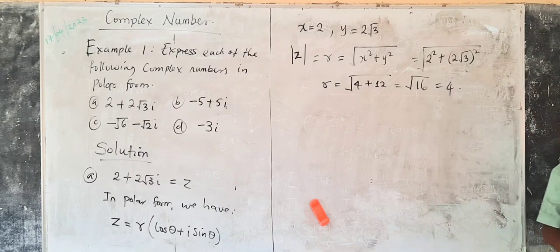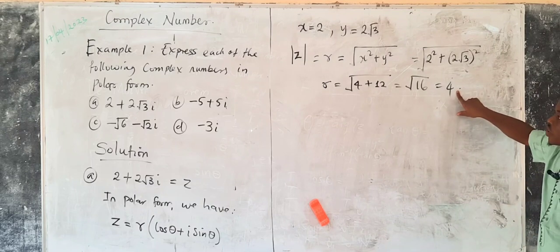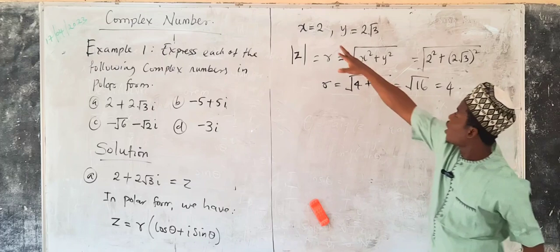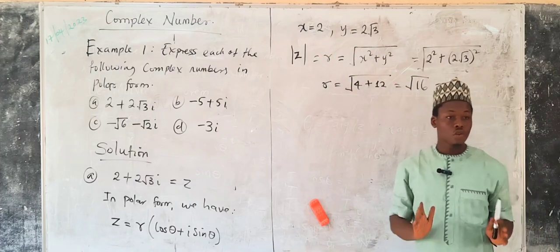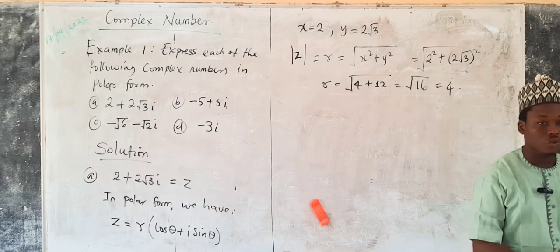Now, the next thing is to find our theta. Now, we have our r to be 4, our x to be equal to 2, and our y to be 2 root 3. So we can use any of the sides to find it.